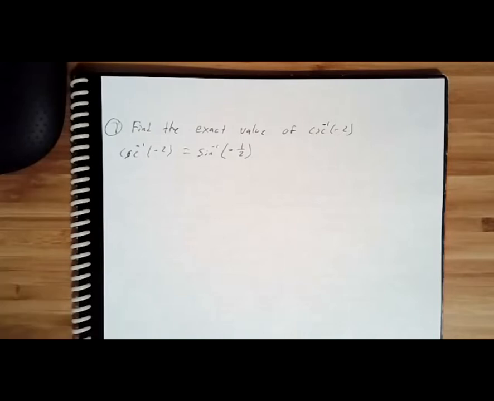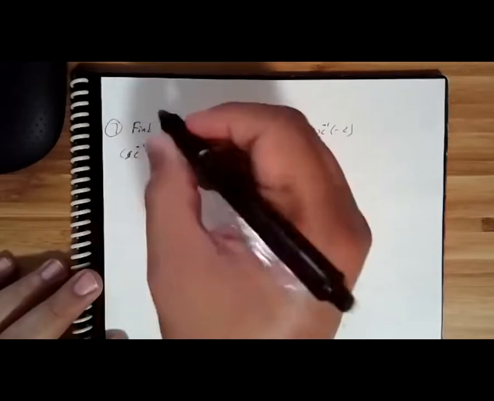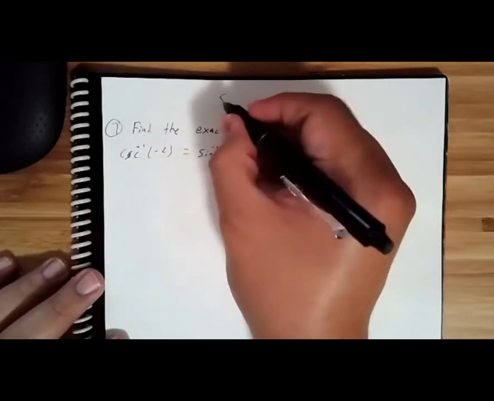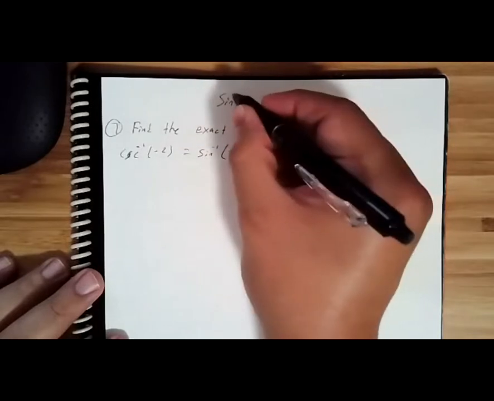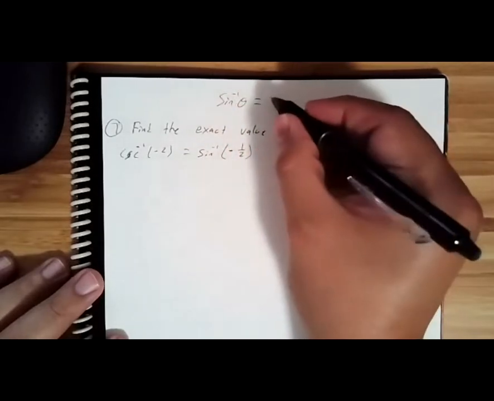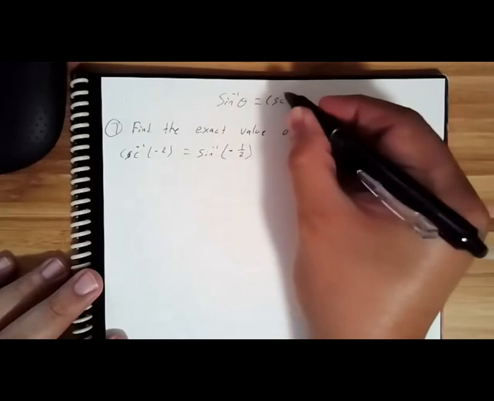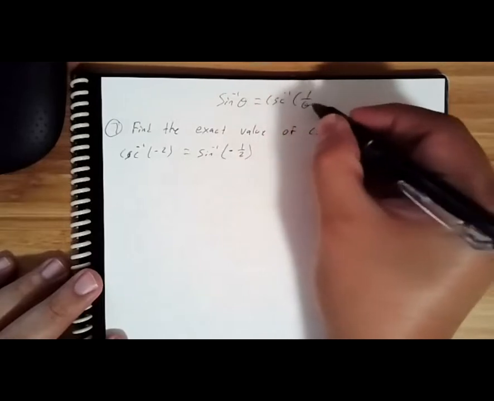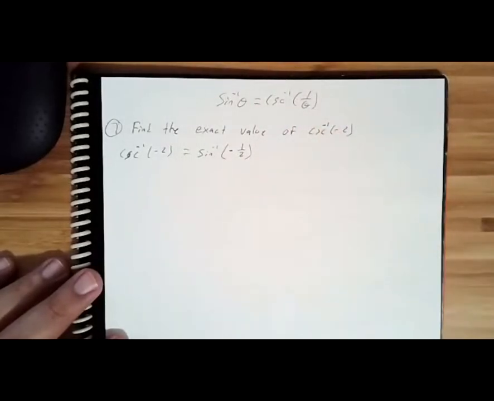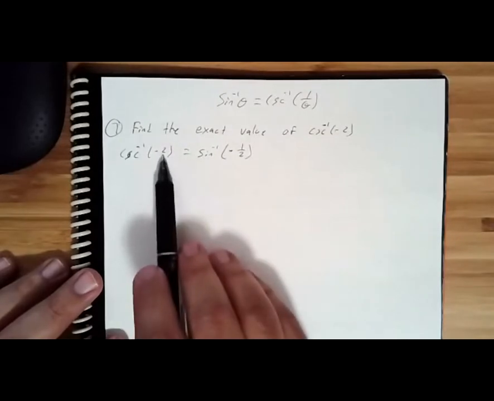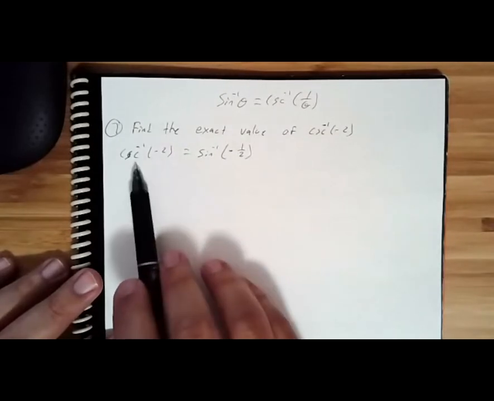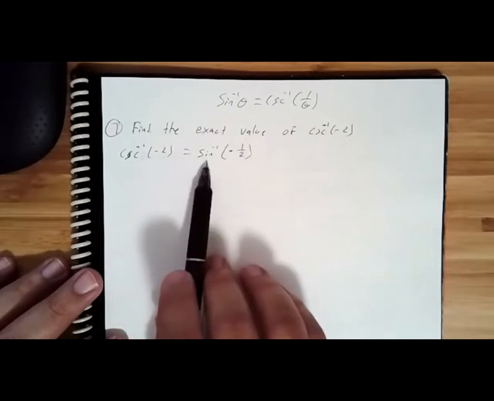Sir, could you explain that again? Yeah, sure. It's basically saying that sine inverse of theta is equal to cosecant inverse of 1 over theta. So you just take the reciprocal of this argument when you go from cosecant to sine.